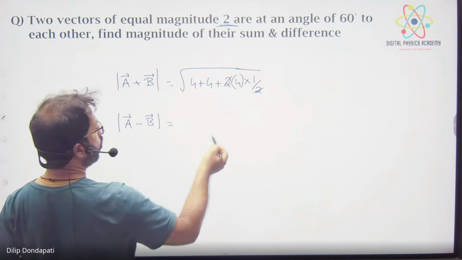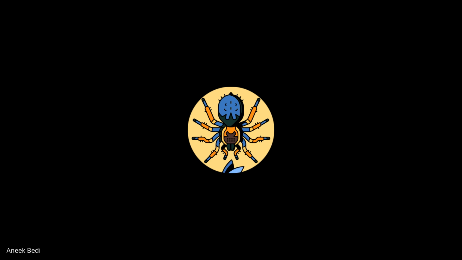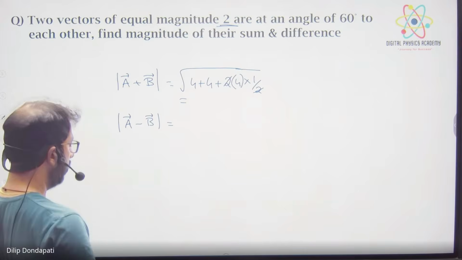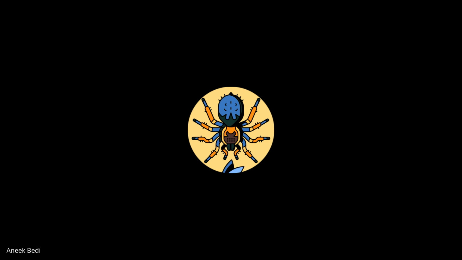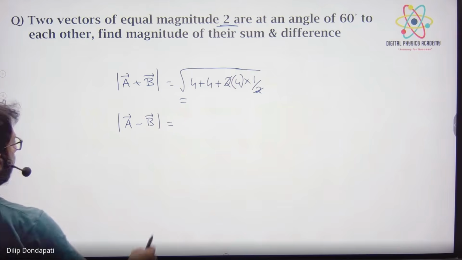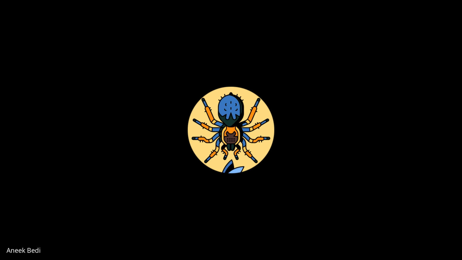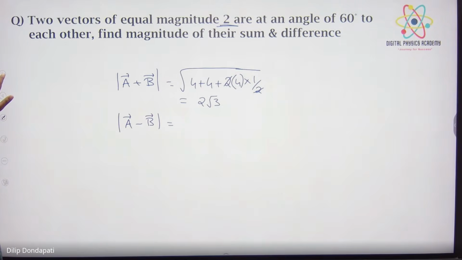So 4 plus 4 plus 4 is... Wait, one minute, I took it wrong. 2 root 3. Second one, do the second one. 2.